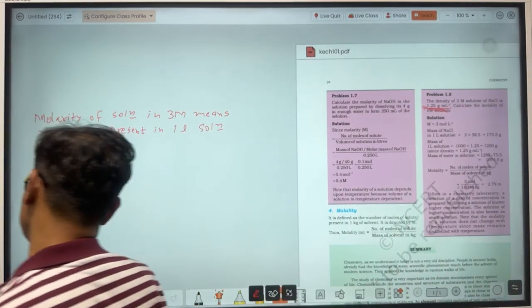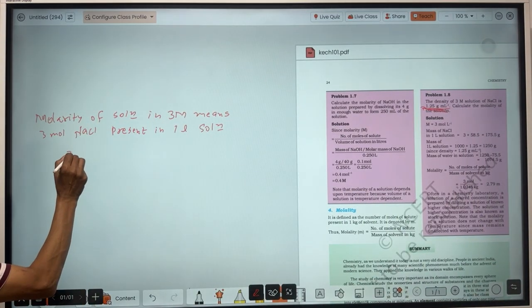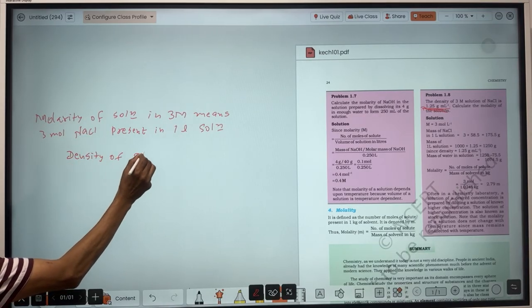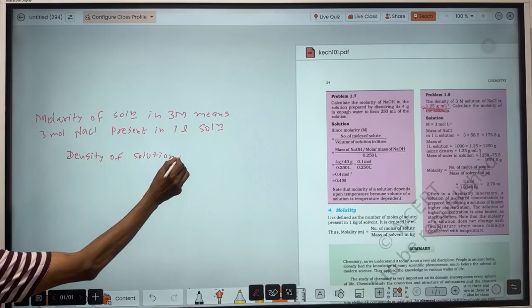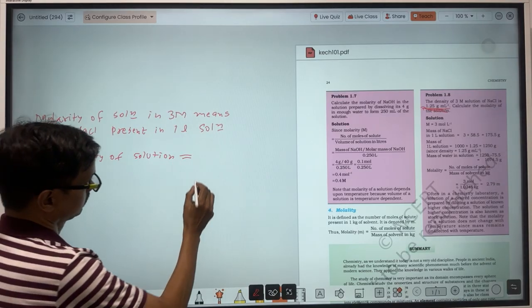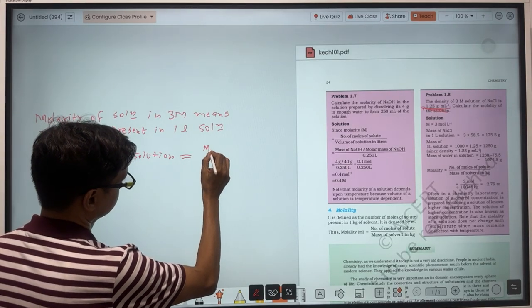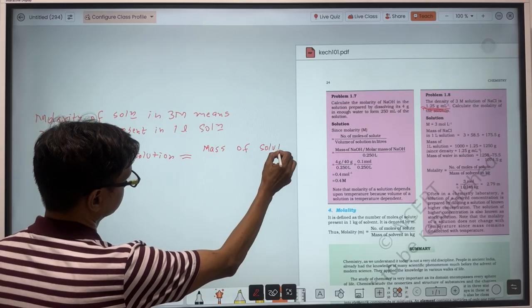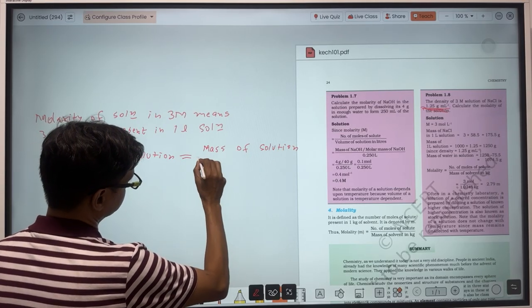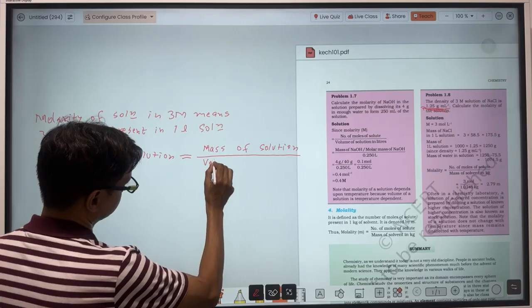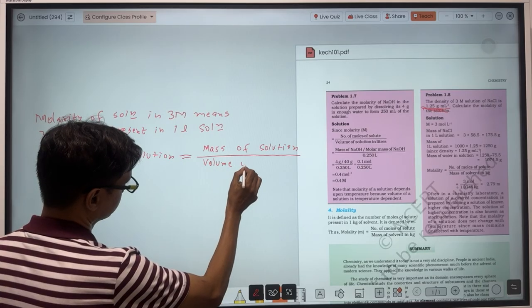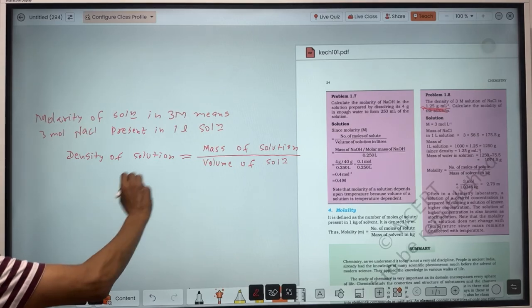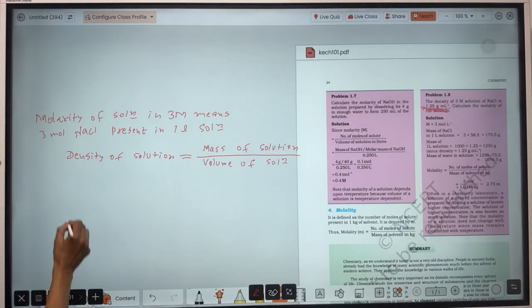So density is equal to... density is given here.